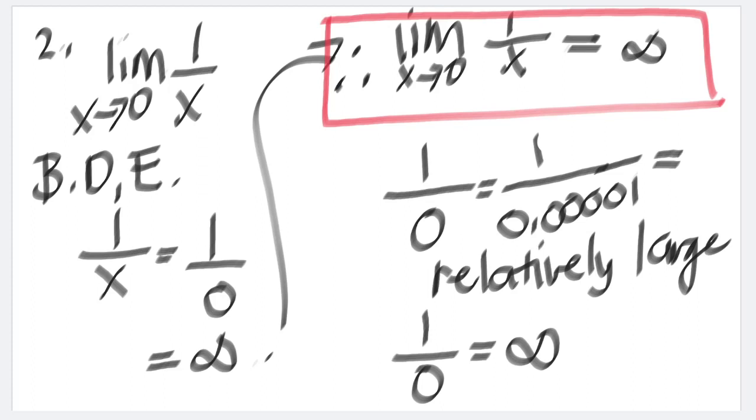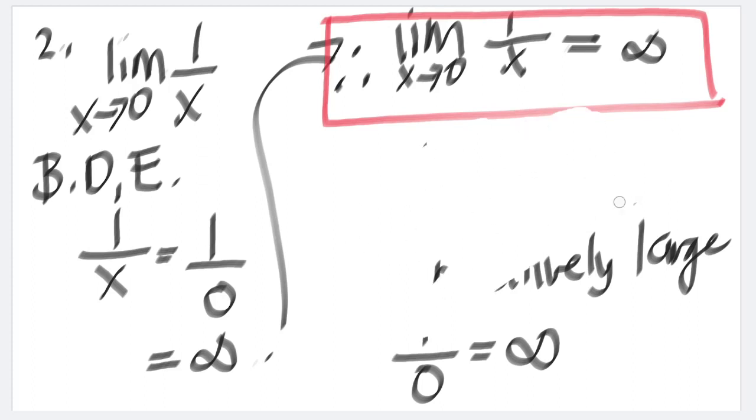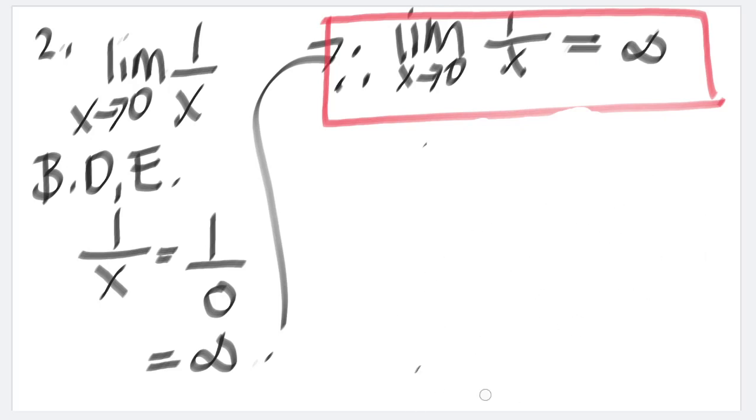Or by general rule, in calculus, when a certain number is divided by a relatively low number, such that it approaches 0, you will denote that as infinity, a relatively large number.